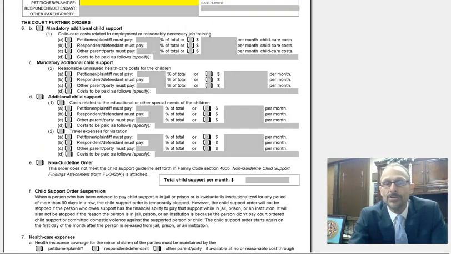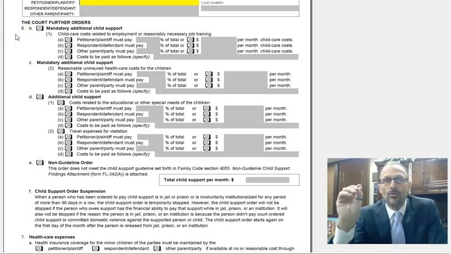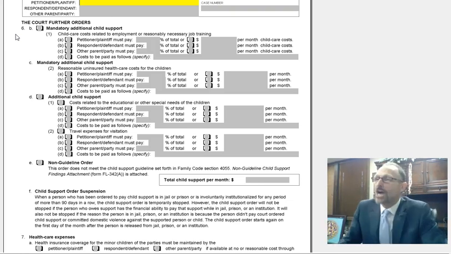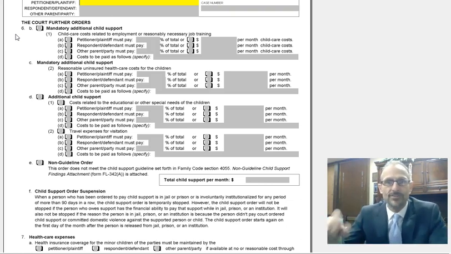All right, moving on to page 2. The court further orders. Now, 6 talks about mandatory additional child support. So if there is child care costs, generally speaking, child care costs are split 50-50. So in this section, just put 50% to the petitioner and 50% to the respondent.